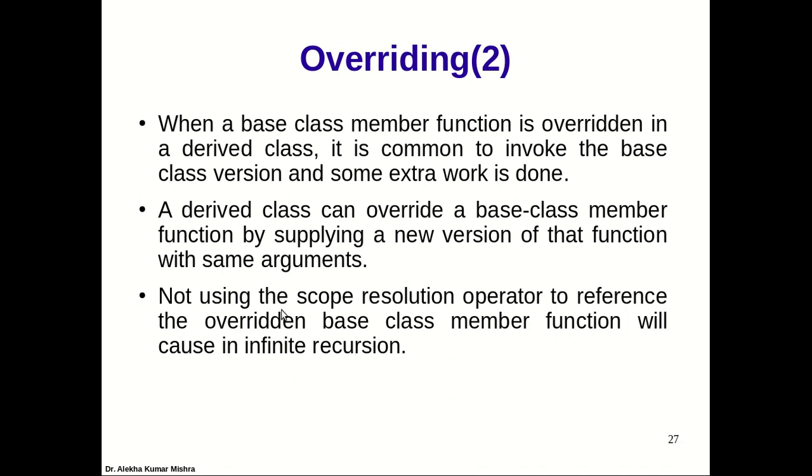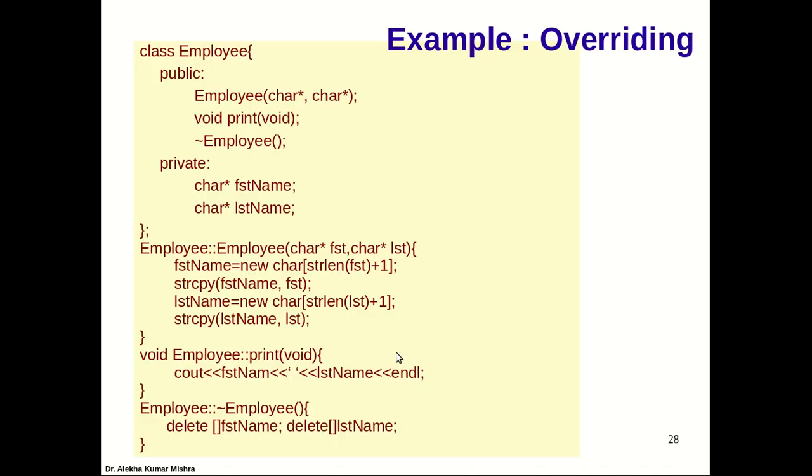So when you use a base class member function, you must use the scope resolution operator with the base class name, otherwise it will lead to an infinite recursive call to the overridden member function. We'll see the example. Let us see an example of overriding.